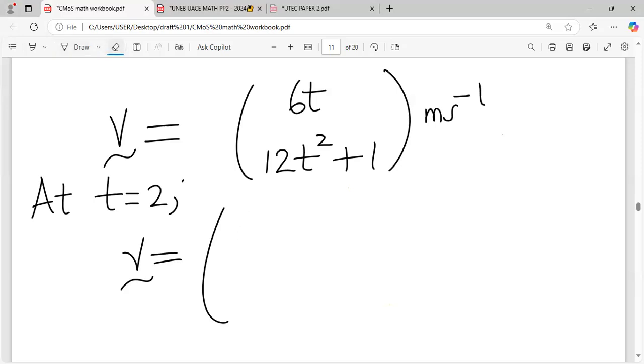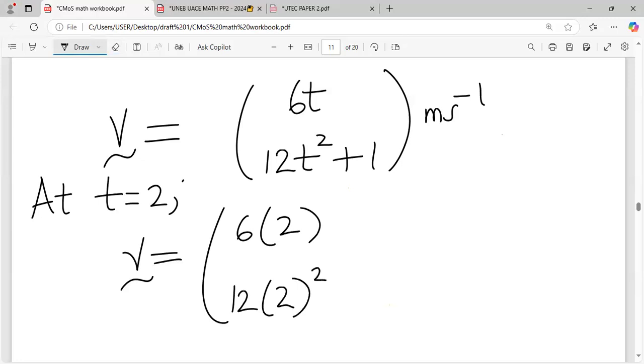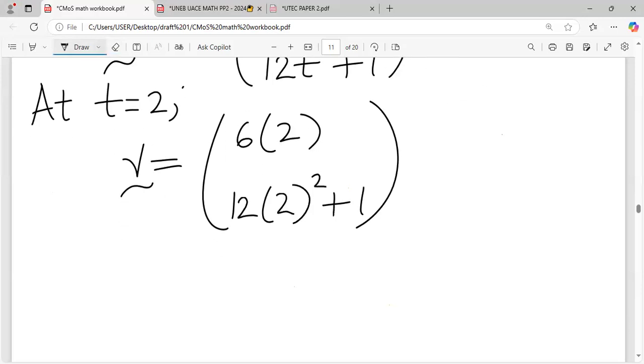I'll use my simple brackets and say 12 into 2 squared plus 1. Then finally, I will get my v as 12 and 49.